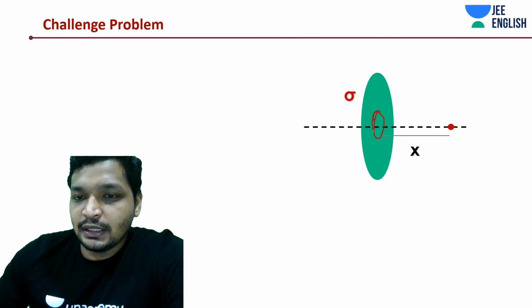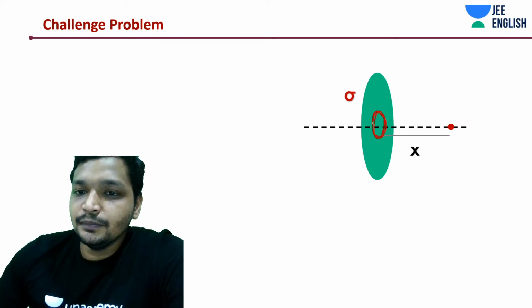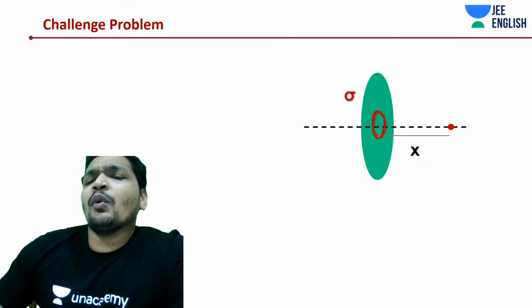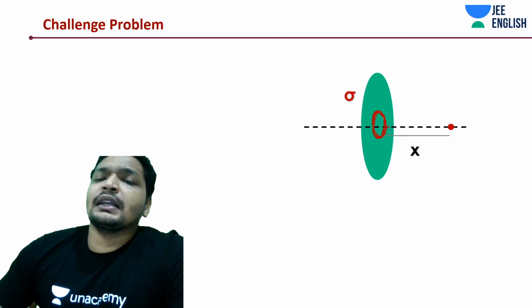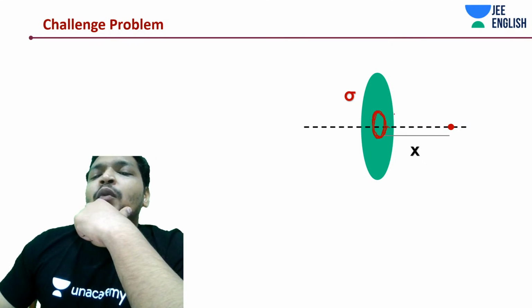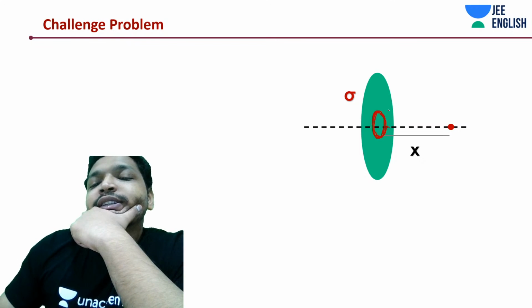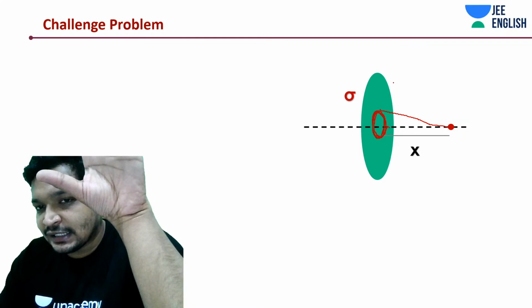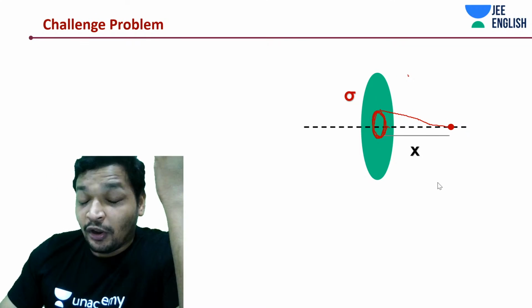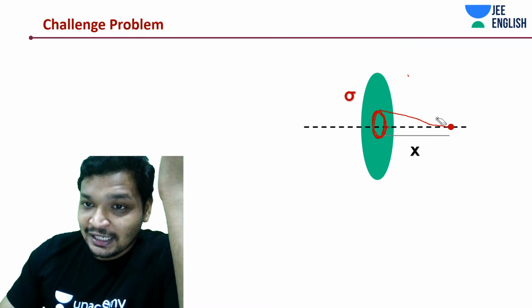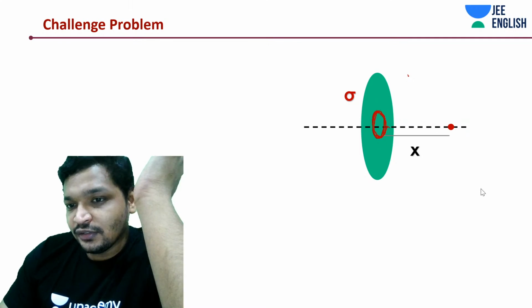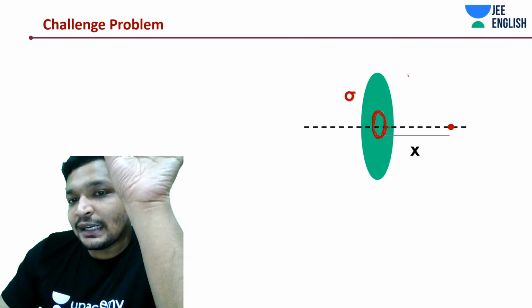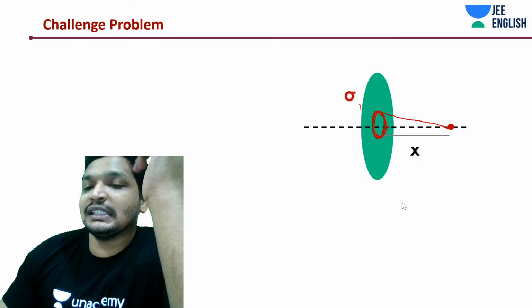Taking a small elemental ring, what is happening now is that theta is constant all along that circle or all along that ring. That theta is constant with the x-axis, but theta as such is varying.